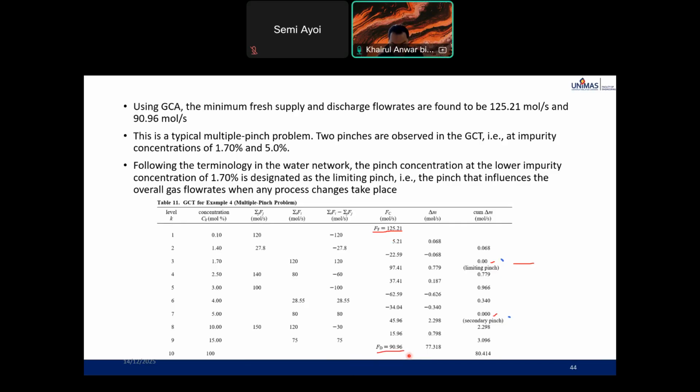The 2 pinches observed in this GCT are at the positions of 1.7% and 5%.